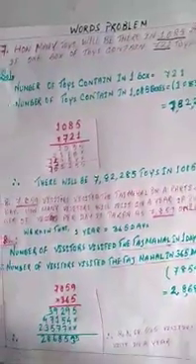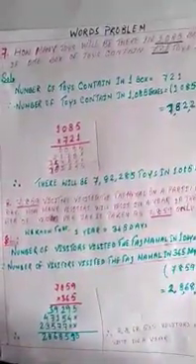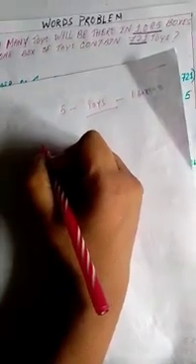So if you have five toys and you can keep them in one box, okay? And if I ask you how many toys can you keep in two boxes? In one box you can keep five toys.